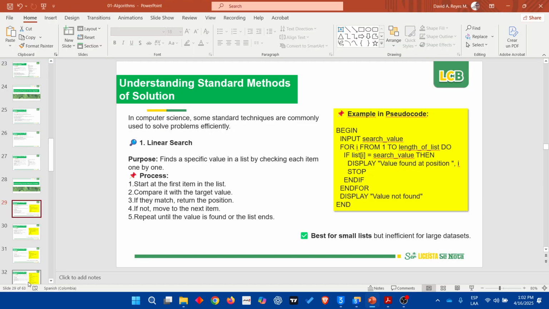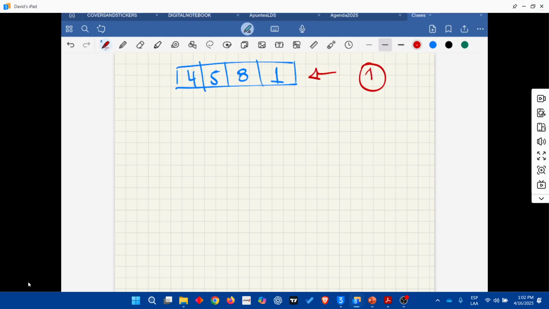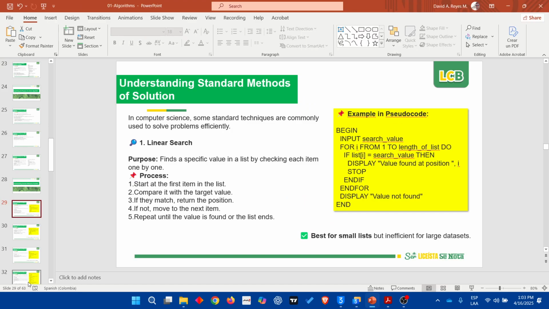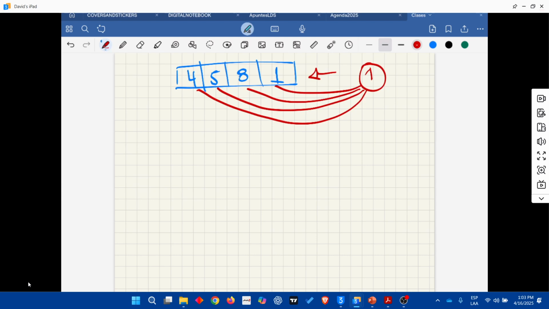Following this algorithm, you are going to compare every single number in the list to find the number 1.